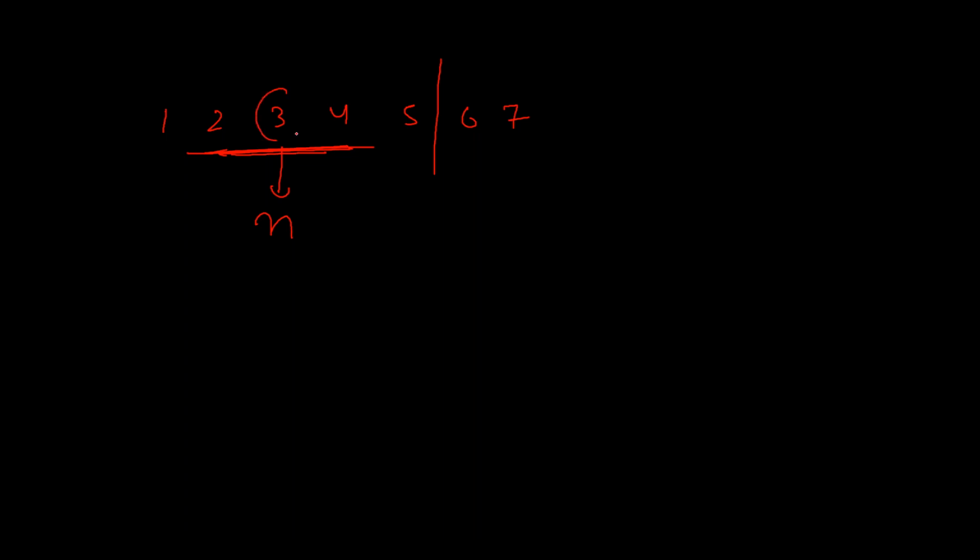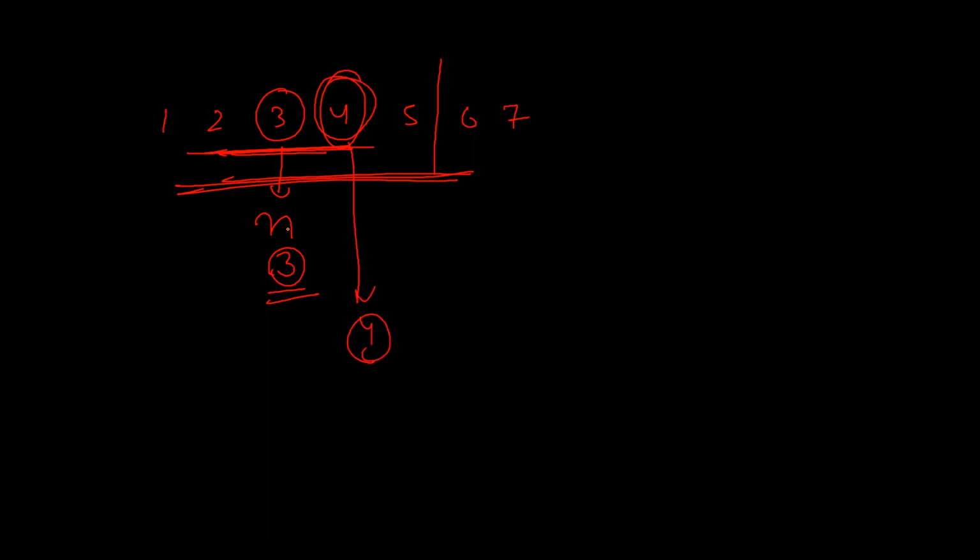What is the average here? 3. Is it clear to everyone? 3 is the average. Now, if I include all of these numbers, the new average will be 4. And 4 is n plus 1. So n plus 1 will be the answer.